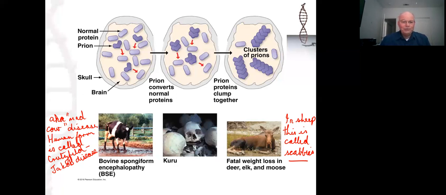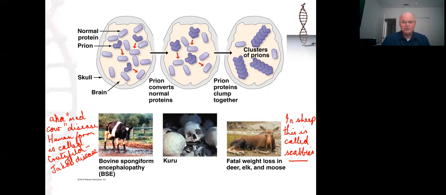And you can understand also why, when a number of years ago several cattle herds in the United States were identified as having members with mad cow disease, they simply slaughtered all the animals on the farm, plus the surrounding farms, and then put the bodies in big pits, soaked them in gasoline and set them on fire to destroy as much as possible, and then buried them in the hope that eventually the proteins would degrade, because you could not allow them to come into contact with any animals that would be in the human food chain.